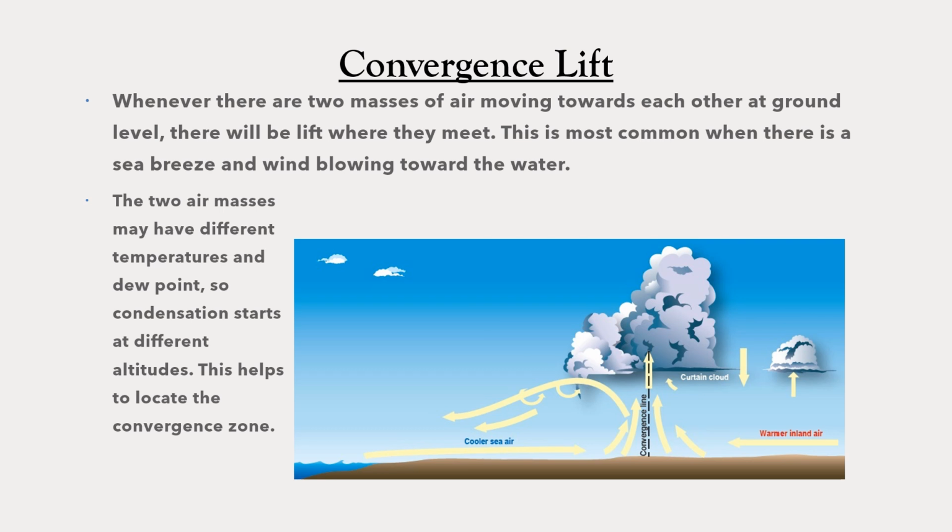So when you see a big difference in the height of the clouds over a short distance, especially if it's parallel to a coastline, it's a good sign that there's a convergence line right along that spot.